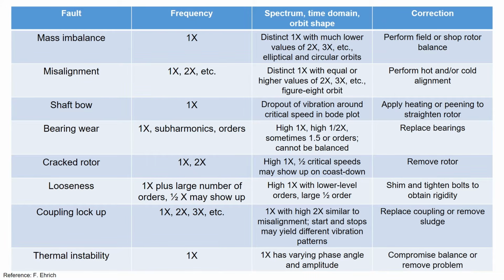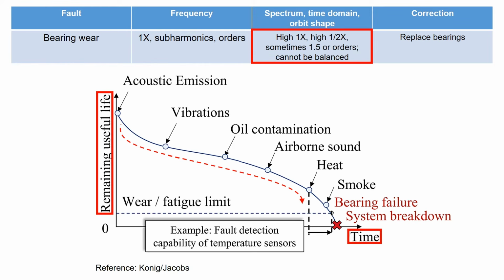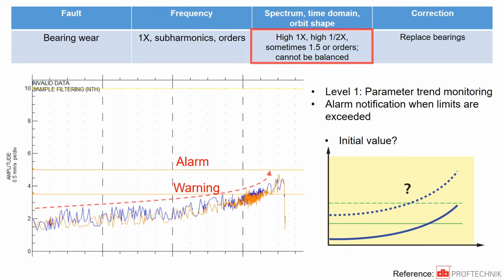Let's go back to the table here. As bearings wear out, the machine tends to emit noise. The graph below illustrates the time on the x-axis and the useful life of the bearing on the y-axis. As you could see from this figure, detecting the bearing wear before failure is crucial.